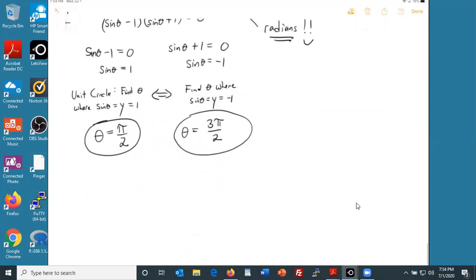All right, one more little example here. So let's say we have the cotangent of theta plus 1 in parentheses times the cosecant of theta minus a half equals 0.